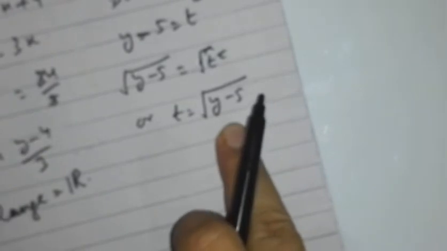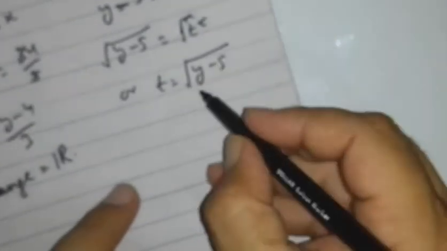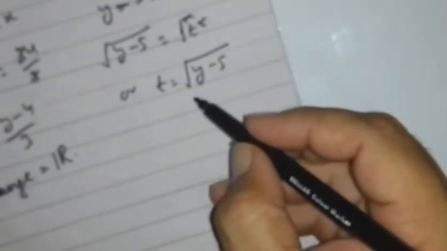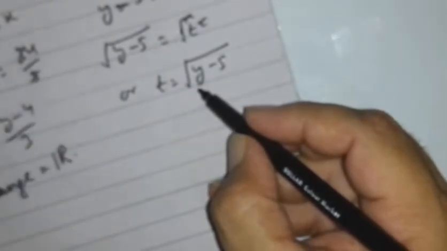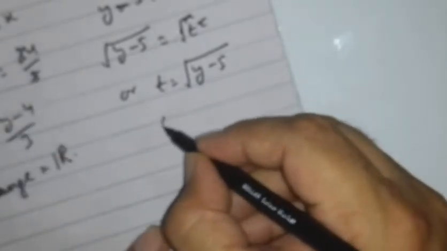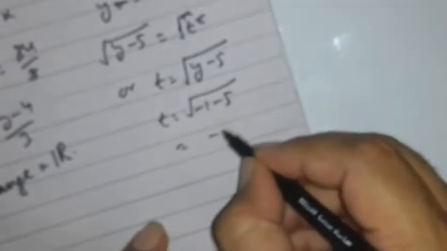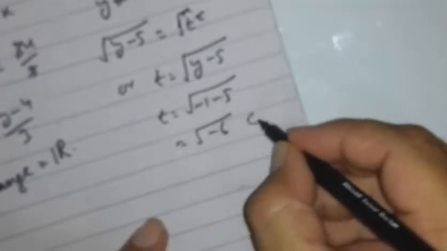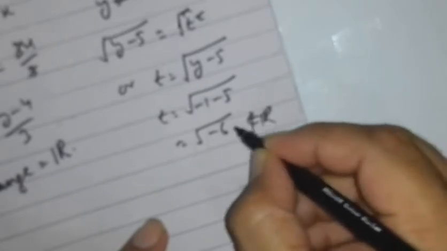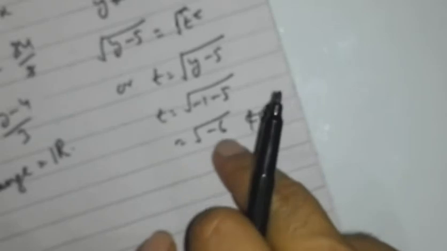Now look, if you put the value of y 0, so we will get 0. But if we put the value of y minus 1, suppose minus 1 minus 5 under the root, we get minus 6 under root. It is not real number. Because it is complex number, iota will become in the answer.